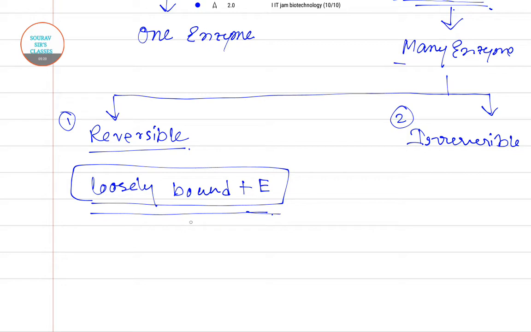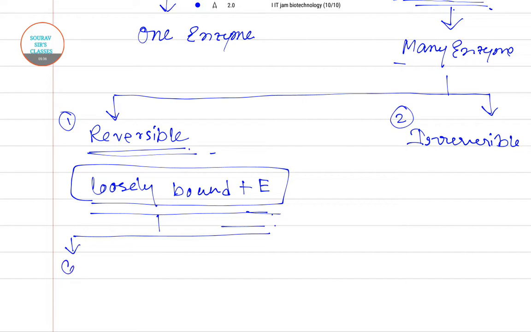Now these reversible, non-specific inhibitors can also be divided into three parts.